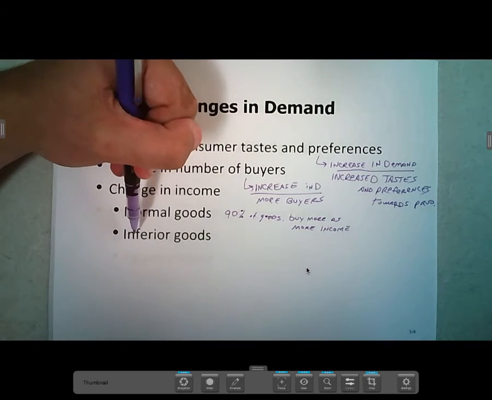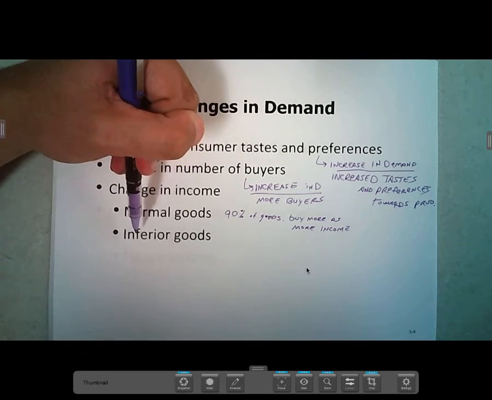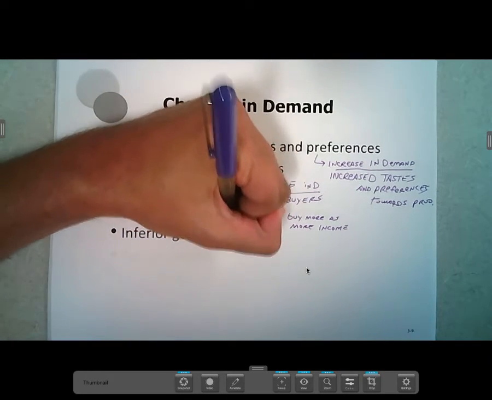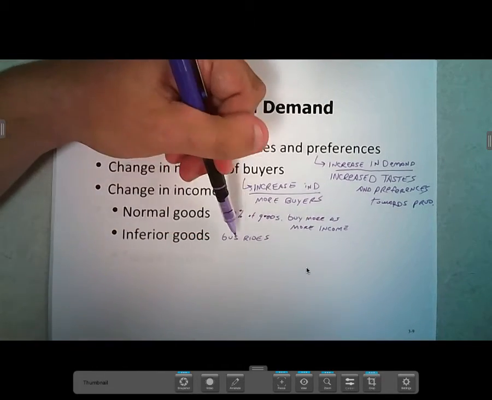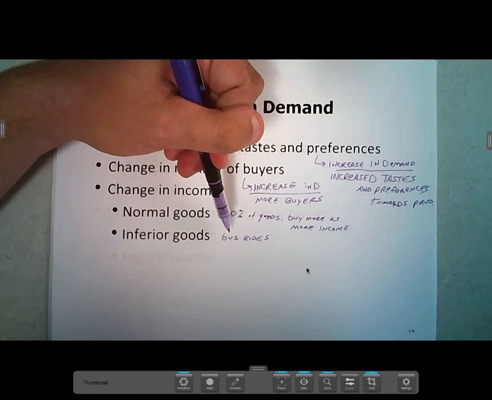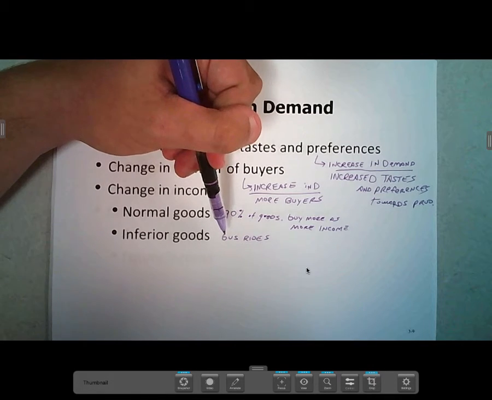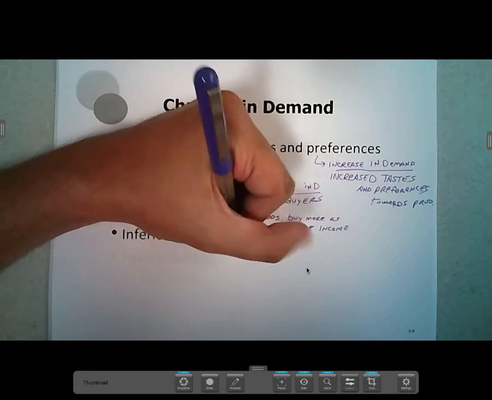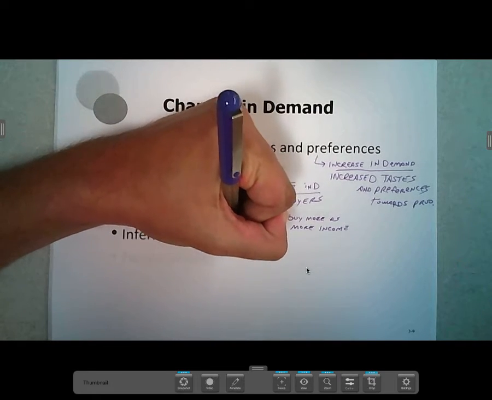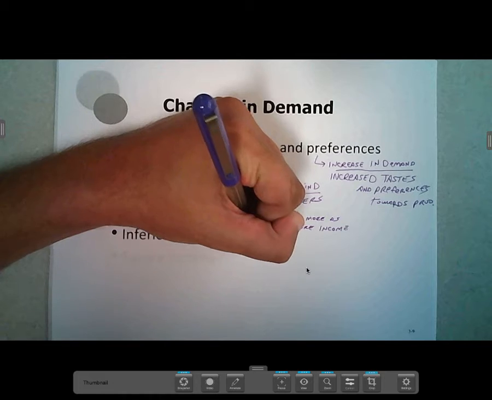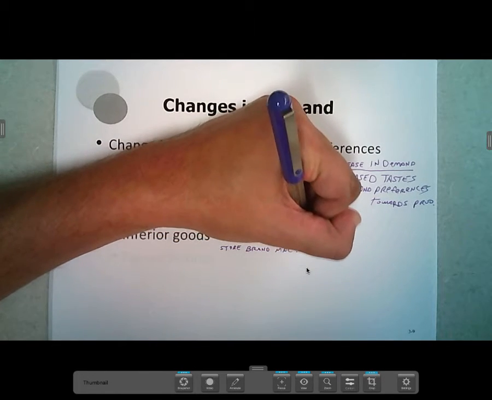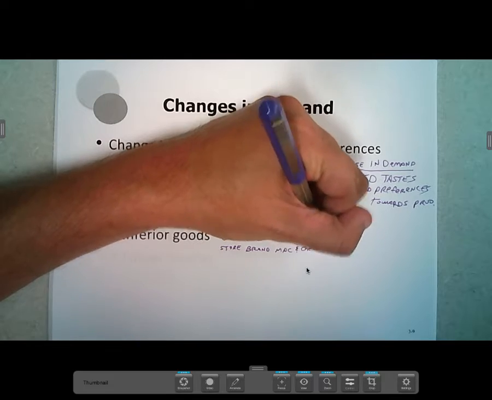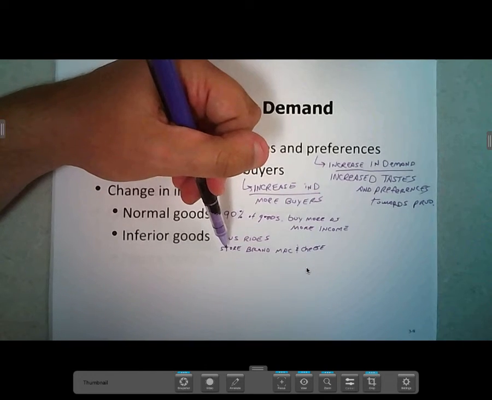But there is a set of goods that are called inferior goods. Examples of this would be like bus rides. As my income goes up, I actually probably start riding the bus less, right? I don't know about you, but store brand mac and cheese does not taste the same as the name brand of mac and cheese.